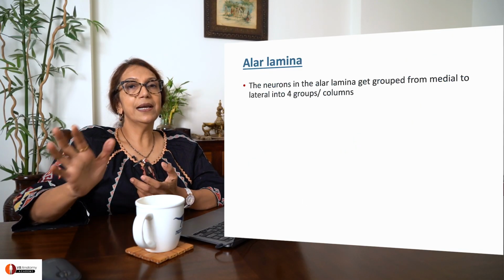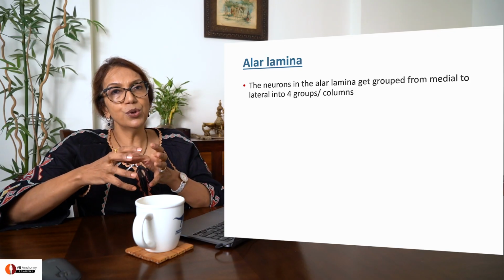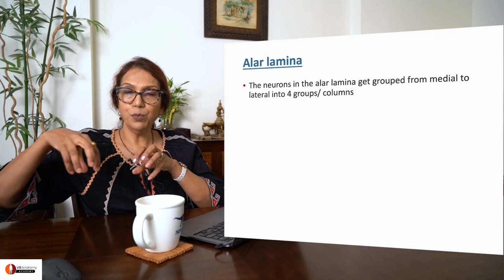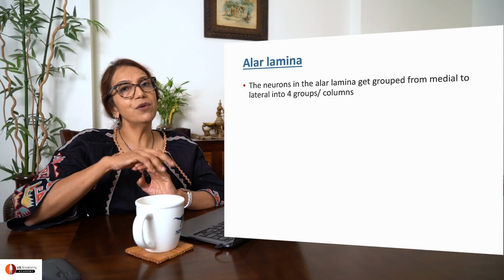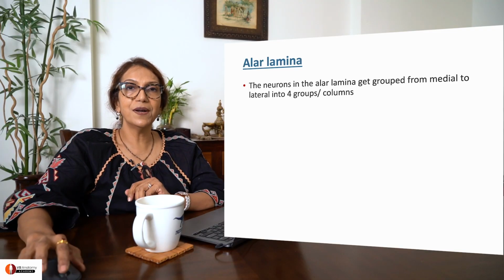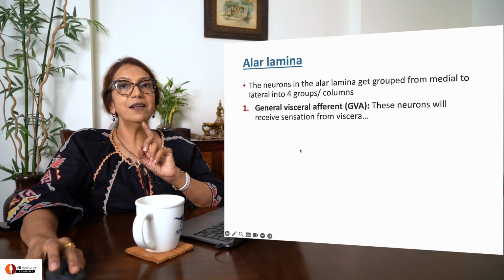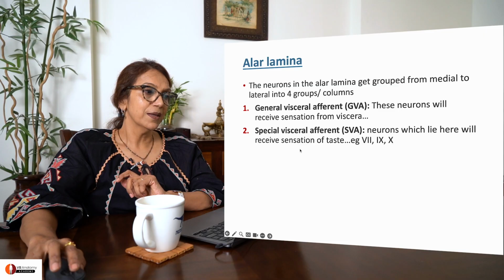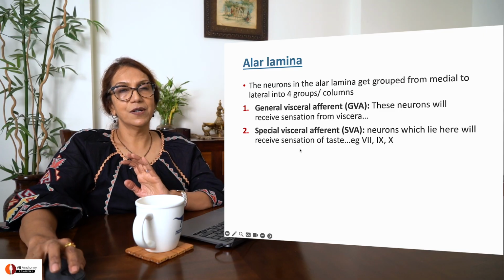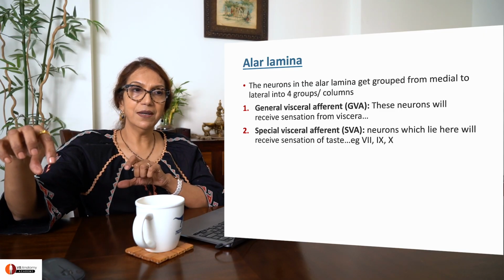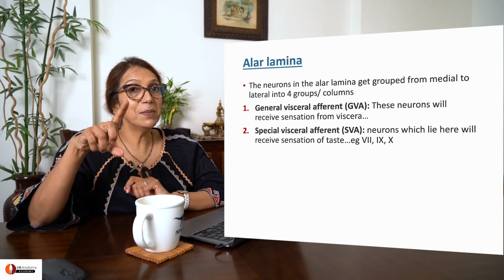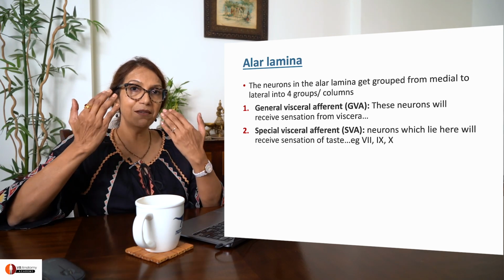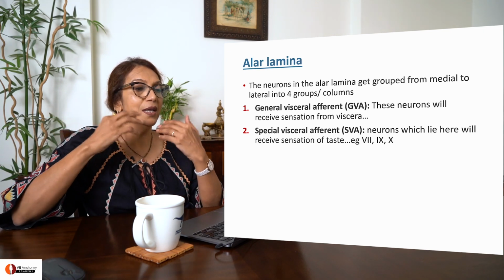Let's go now to the alar lamina. The neurons which took origin from the alar lamina get grouped into 4 functional groups. What are the 4 functional groups? General visceral afferent, special visceral afferent, general somatic afferent, special somatic afferent. Remember, they are sensory, so you're going to get information from the body.